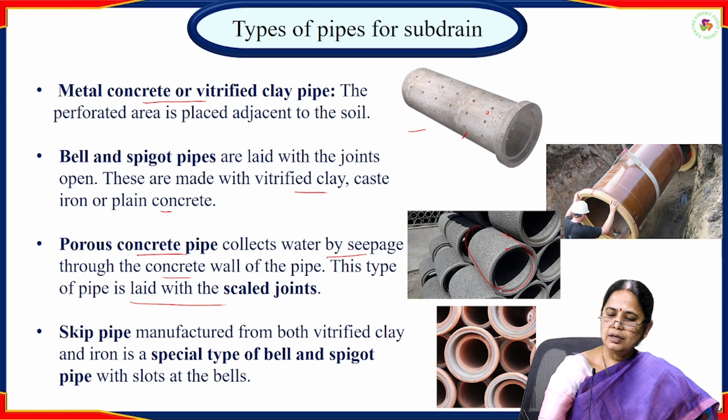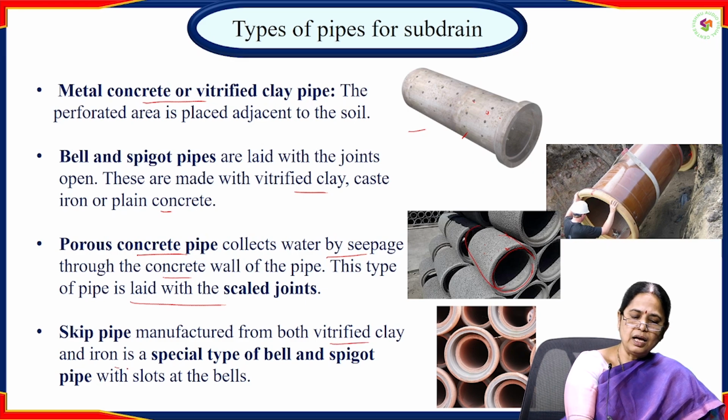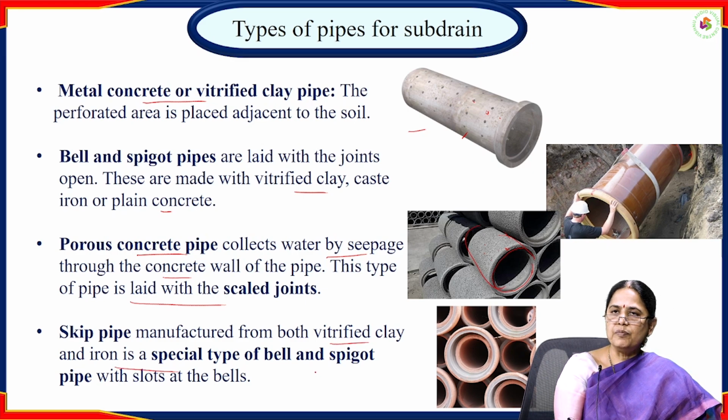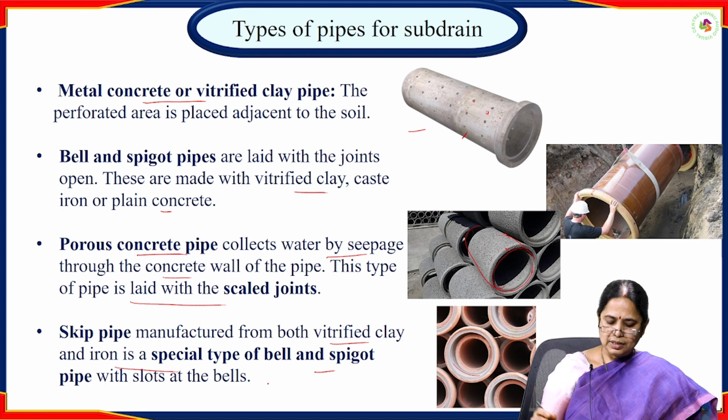There is a reduction in diameter inside. The reduction of thickness is provided for sealed joints. And the skip pipe, manufactured from both vitrified clay and iron, is a special type of bell and spigot joint. Bell spigot joints are placed with slots at the bells.